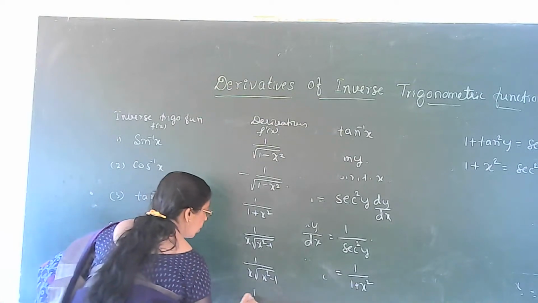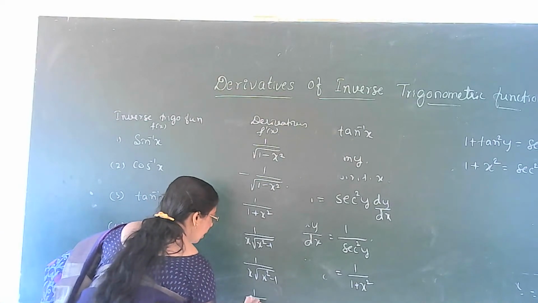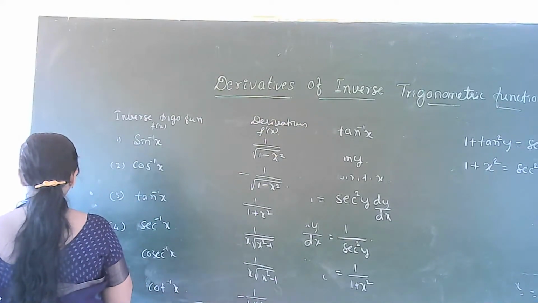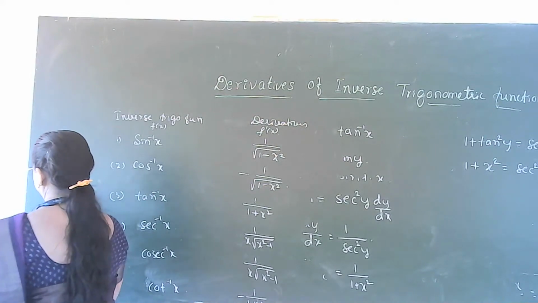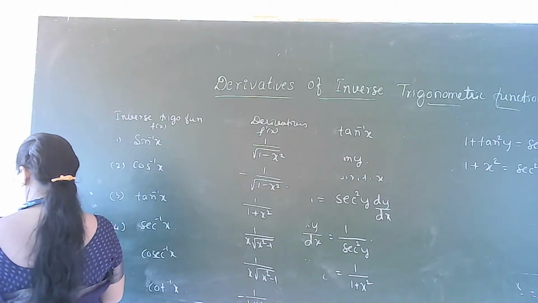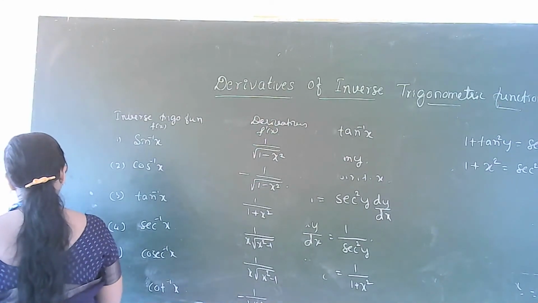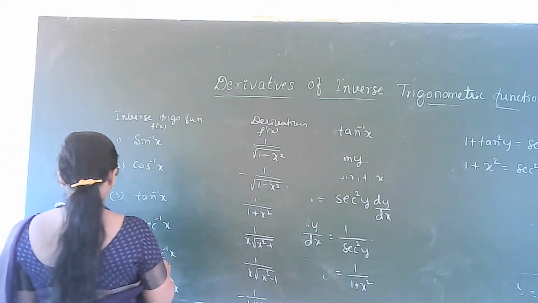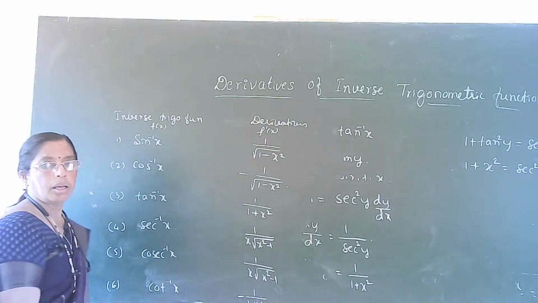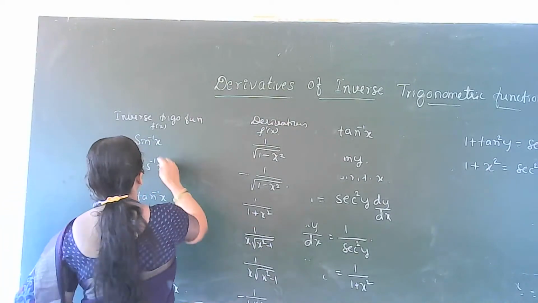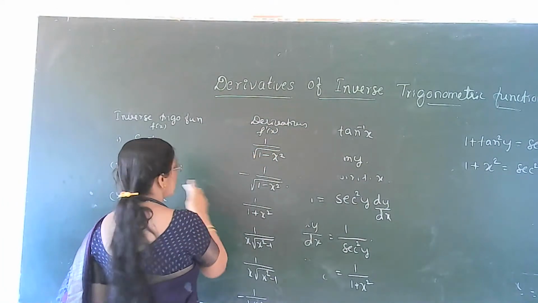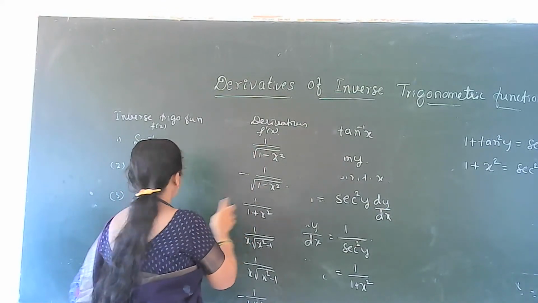Derivative of cot inverse x is minus 1 by 1 plus x square. So, sin inverse x is 1 by square root of 1 minus x square, cos inverse x is minus 1 by square root of 1 minus x square.